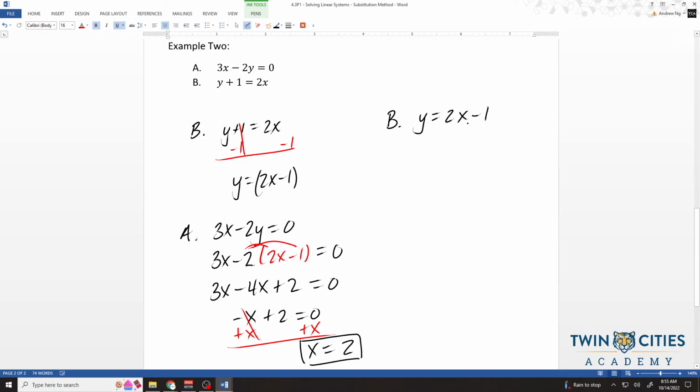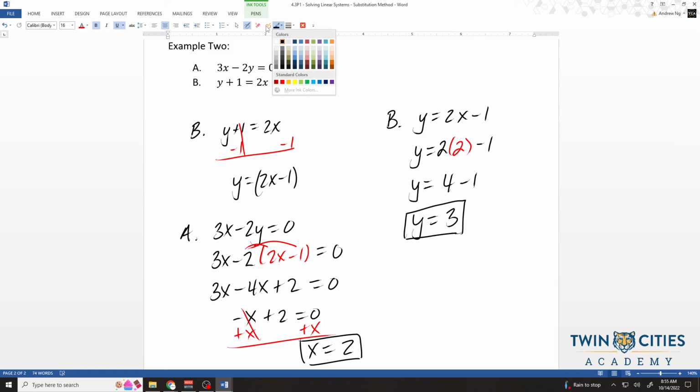I can plug in 2 for x and say y equals 2 times 2, and then minus 1. All right, 2 times 2 is 4, so y equals 4 minus 1. Y equals 3.